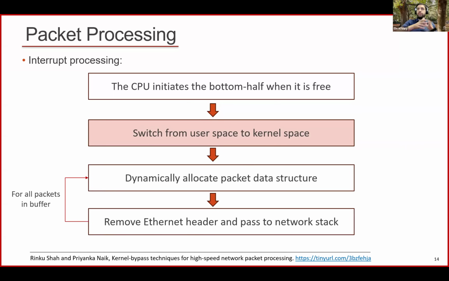Okay. So again, when we have an interrupt, we saw that there are multiple context switches, meaning that we move from user space to kernel space and vice versa. And this operation is costly. And also there are other costly operations like dynamically allocating the memory for all of these packets coming.